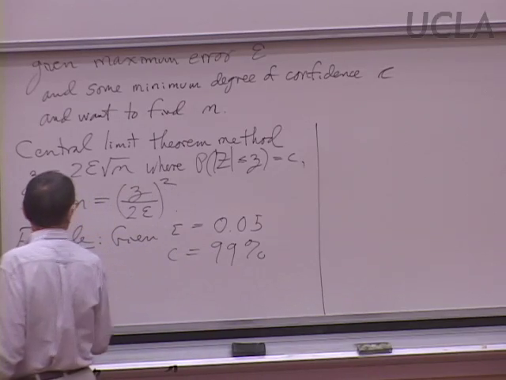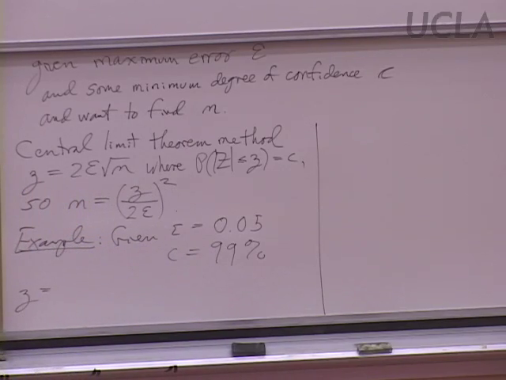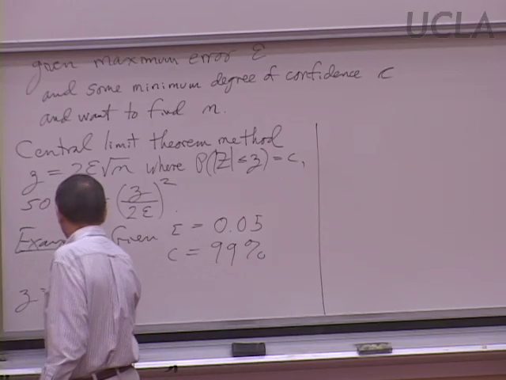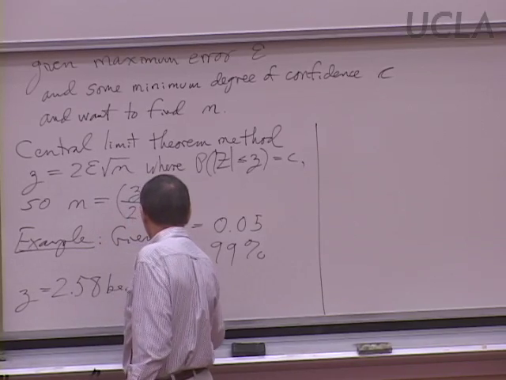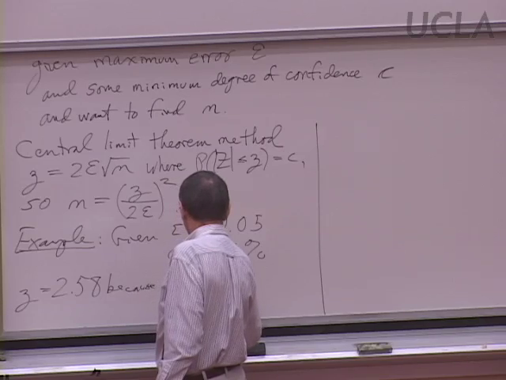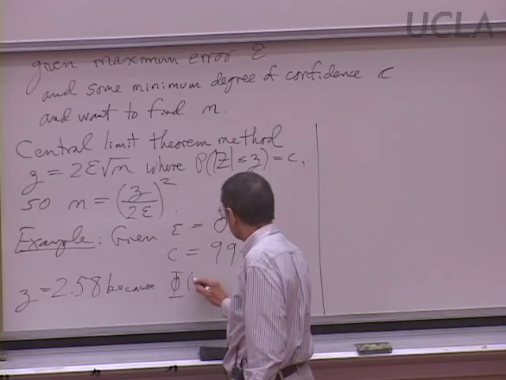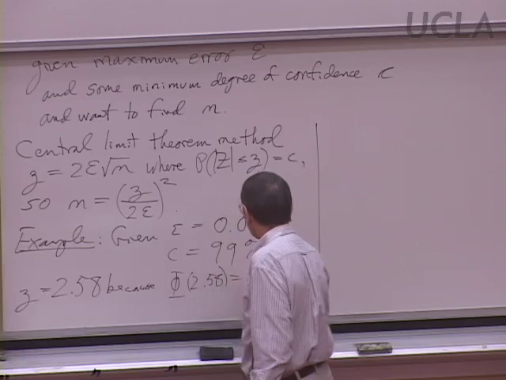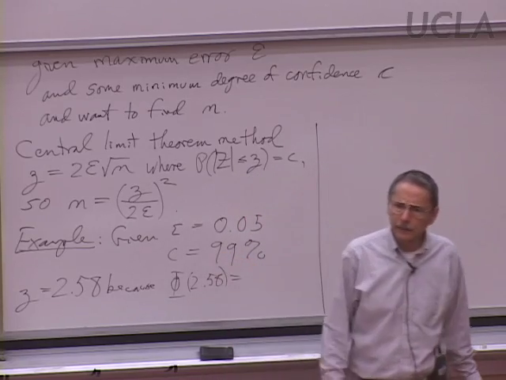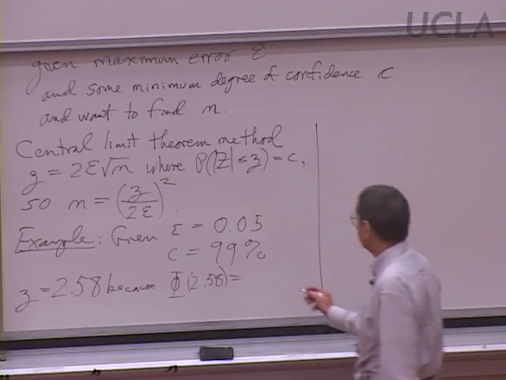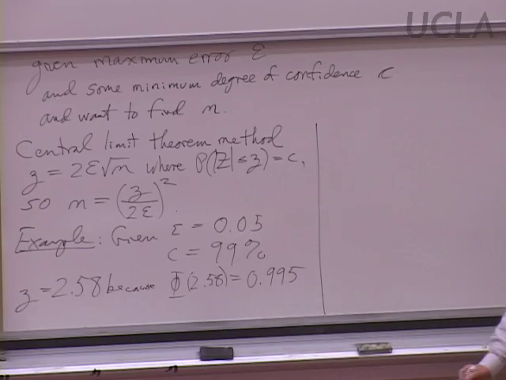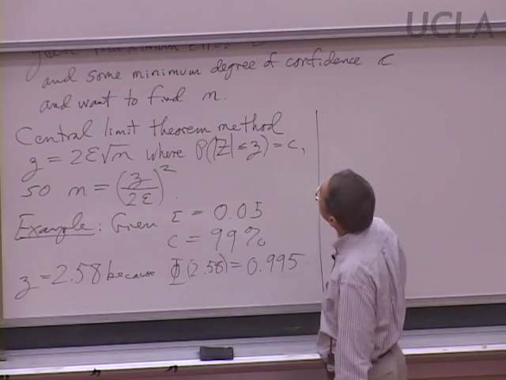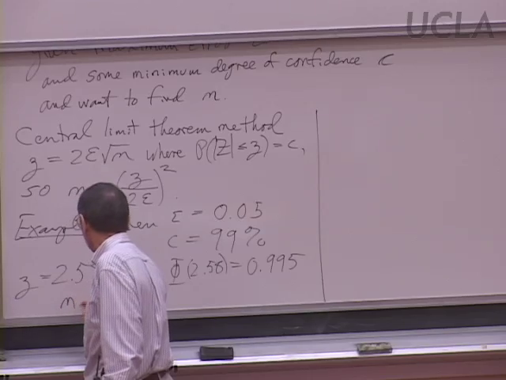Our z value for 99% has to be, well, we look for a number phi of which, well, it's got to be 99% plus one of the tails, 0.995. So that gives us our z value. And, well, one more line on this board.